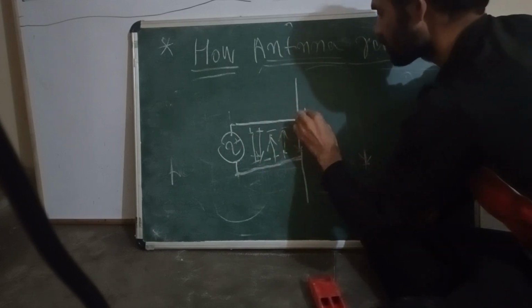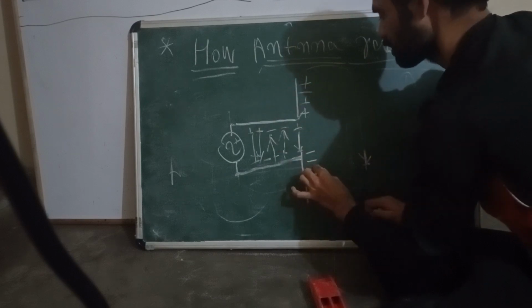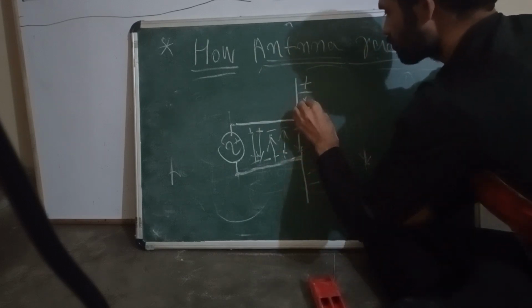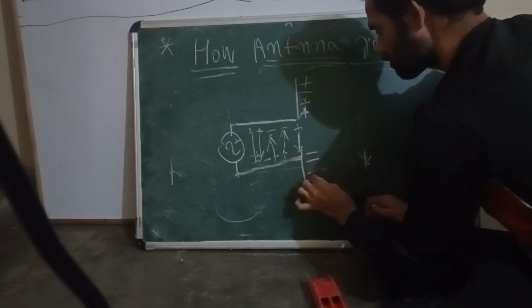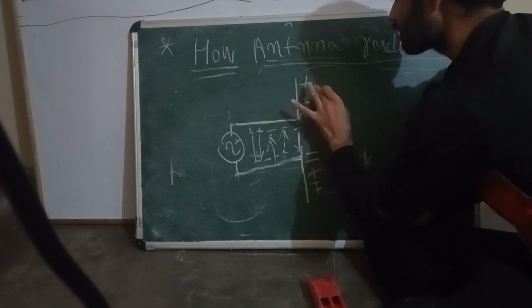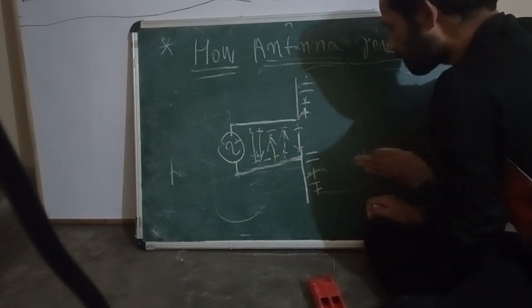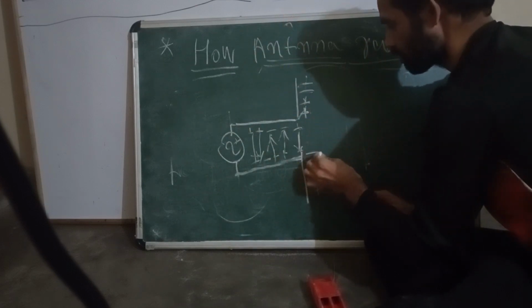Now if you see here, positive, negative, positive, negative. Positive, positive, negative, negative, positive, positive, and here negative, negative. Now see here, the tapering is full. So now there is a large electric field or magnetic field.